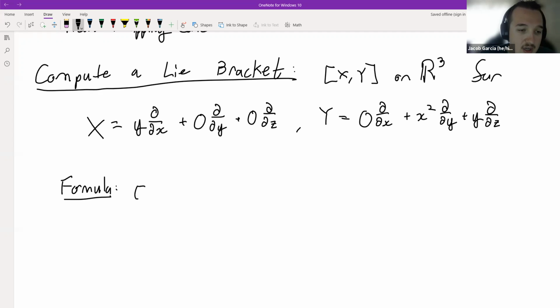Which says the Lie bracket from x to y. And this is in Lie somewhere. Okay, let's see if I can remember this. It's xj, right?